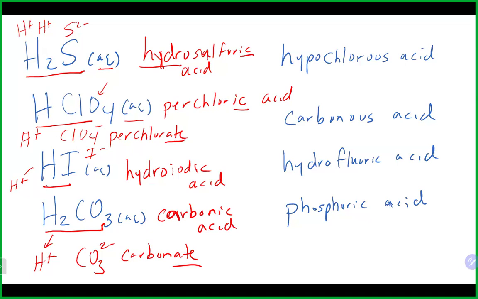All right, so let's take a look at these on the right here to finish up with, so you see how you could go from name back to formula. So first off, when I see the top one here, hypochlorous acid, does this contain oxygen or no oxygen? It does contain oxygen because there's hypo, but there's no hydro, right? If it had hydro, I know it did not contain oxygen.